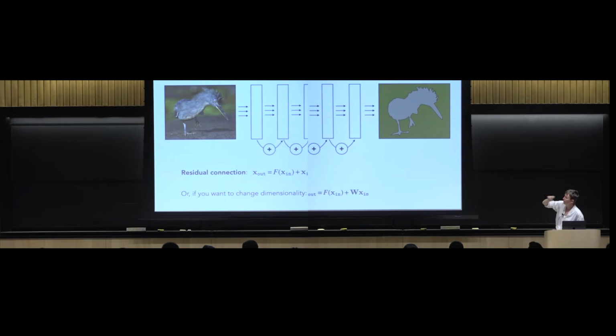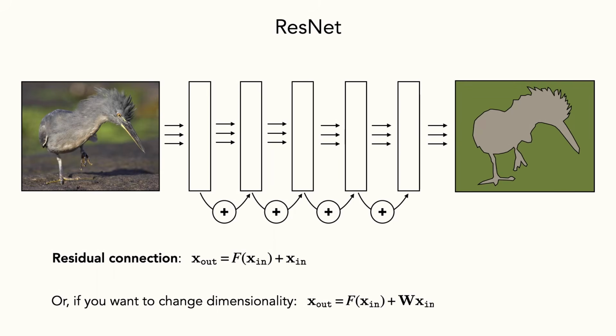Whether it is an addition or a concatenation, or however you want to do that skip connection, one of the cool things about linear layers or convolutional layers, which are constrained linear layers, is that even if you just add them together, there's some version of the next layer that could learn how to ignore certain dimensions of that input. For example, here, if you do want to change the dimensionality, that W layer could be learned to be all zeros, right? So you could just not keep any of that at all, if that's what the model wants to learn.